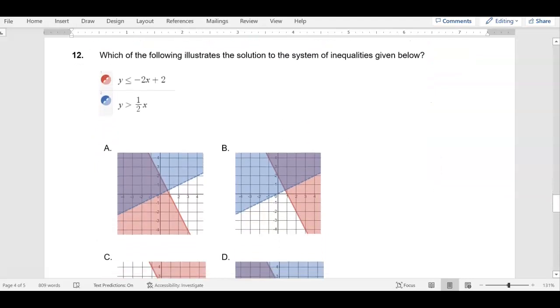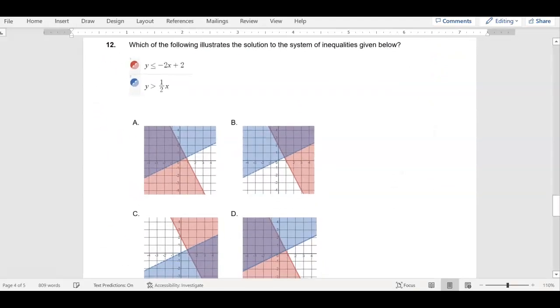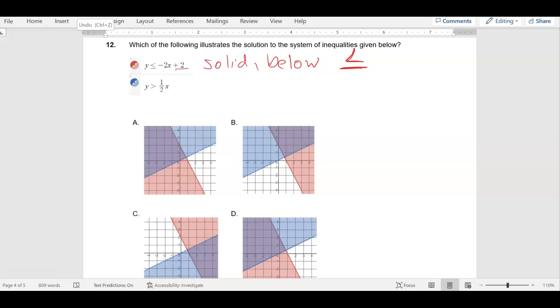Number 12, which of the following illustrates the solution to the system? Starting at positive 2, it should be solid and below. Solid is underlined, below is the less than. So solid line, that's good.